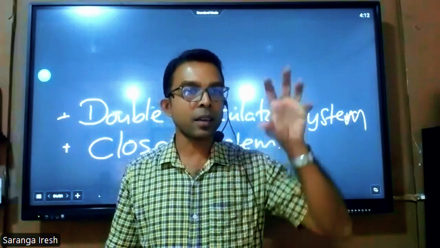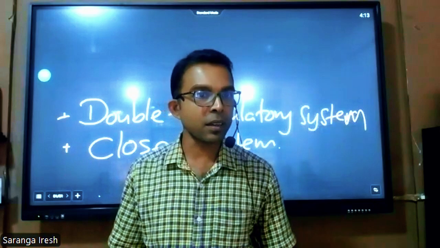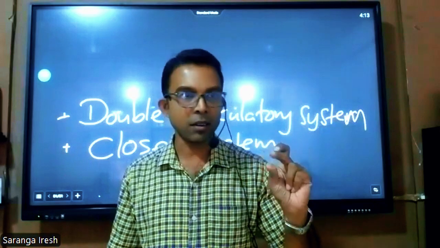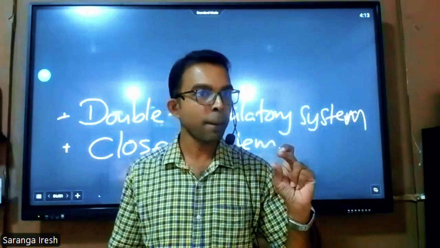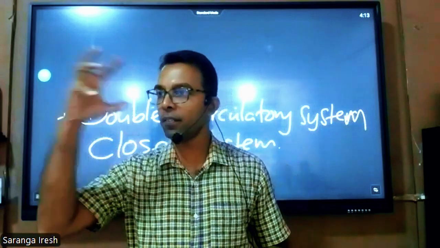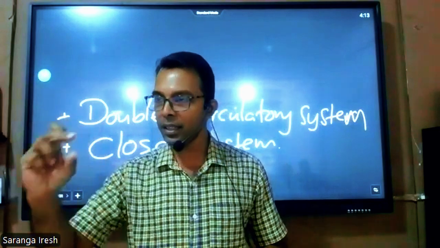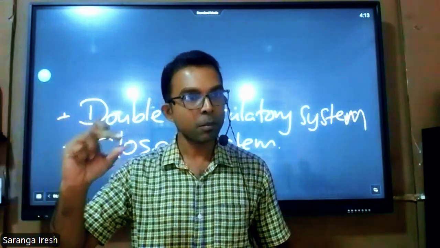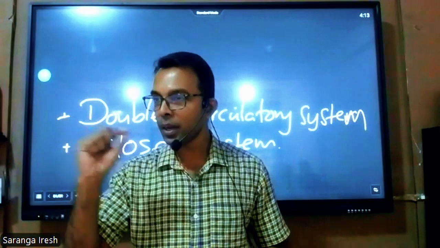To separate the right atrium and right ventricle, there is a valve, the tricuspid valve. To separate the left atrium and the left ventricle, again there is a valve, the bicuspid valve or mitral valve.